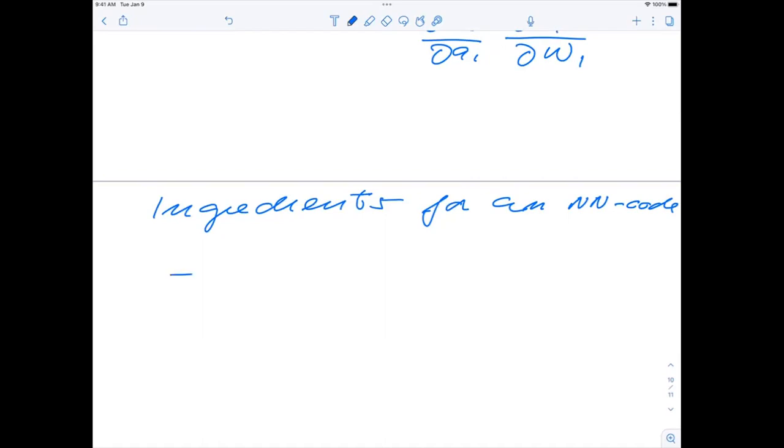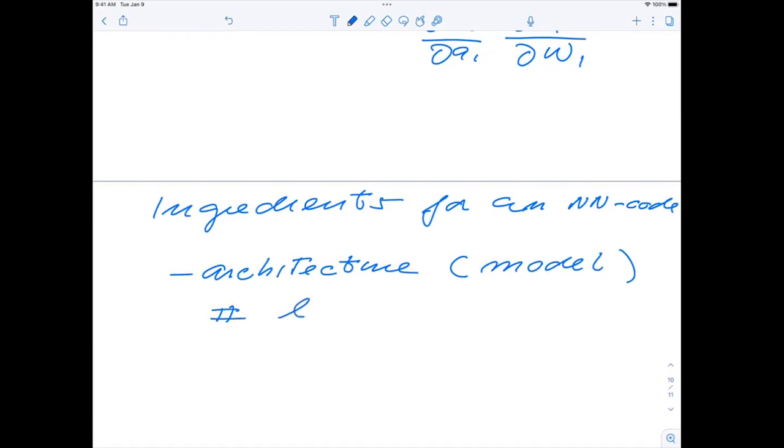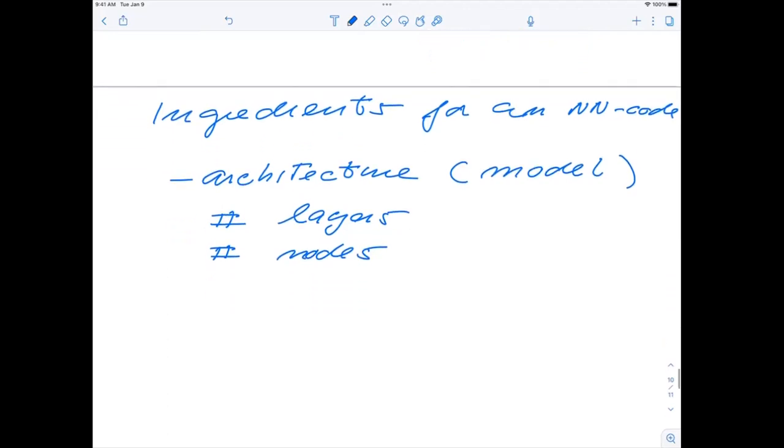So we need to set up the architecture, which then is something which translates into a model. So we would need to have the number of layers which we want to have. We need to figure out how many nodes or neurons we want to have in every layer. Then the other thing we need to specify is the type of activation functions.